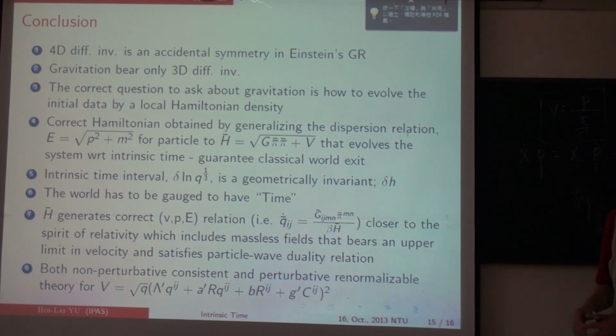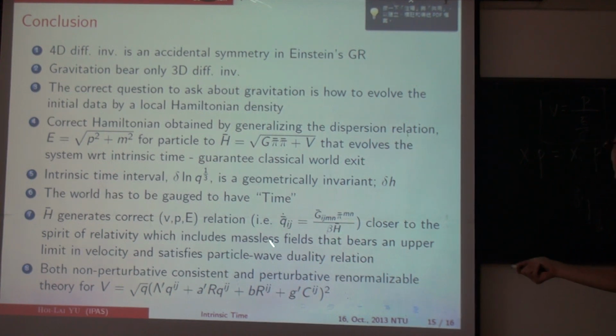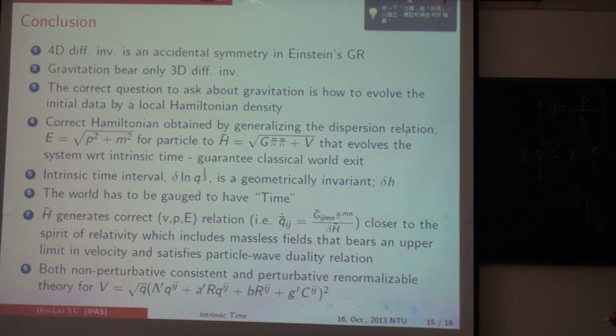In order to include massless particles, the velocity and momentum relation is v equals p over E times c squared. And this relation is actually the only relation, if you work it out, that is compatible with particle-wave duality. And because of our square root Hamiltonian, you can see the velocity and momentum relation, where p is my momentum, v is velocity, and E is energy, satisfies this, and therefore satisfies particle-wave duality.